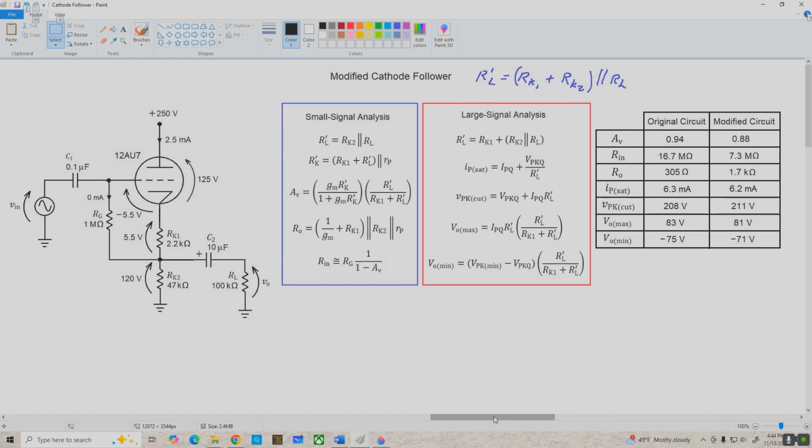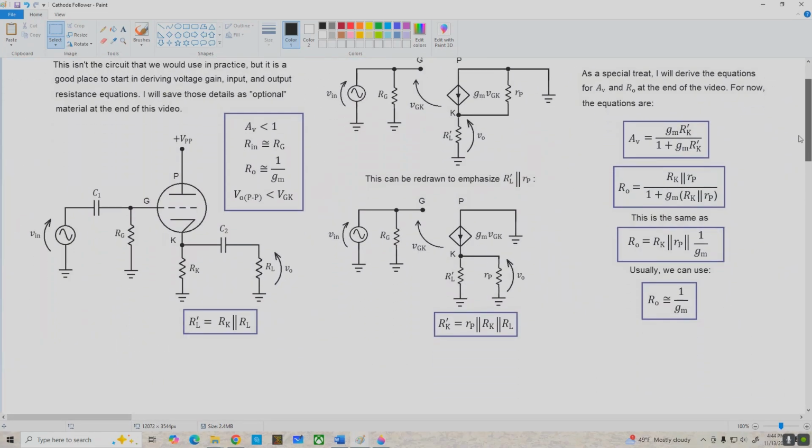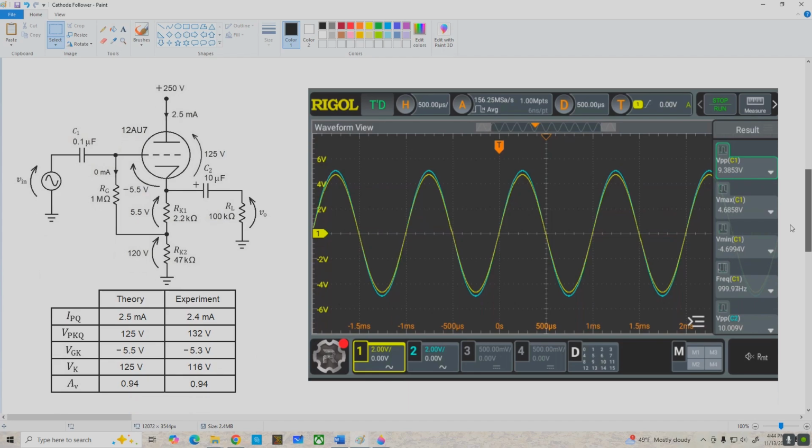Now, of course, you know I had to build the circuit and test it, so let's go take a look at that now. This is the original version of the circuit where we coupled the load directly to the cathode, and down in this table I've compiled some of the theoretical and experimental values that I verified. So our IPQ in the experimental circuit came out very close, a little bit less.